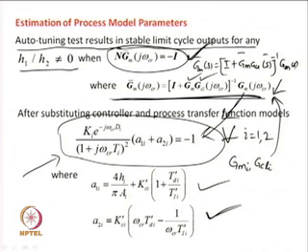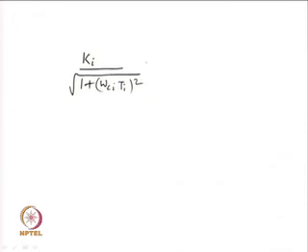Taking the magnitudes of both sides, I get an expression of the form k_i upon square root of 1 plus (omega c_i t_i) squared is equal to, again with complex numbers, square root of a1_i squared plus a2_i squared, is equal to 1.